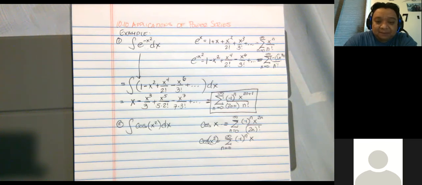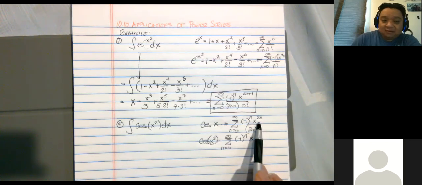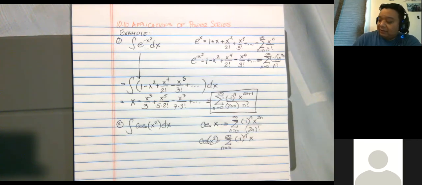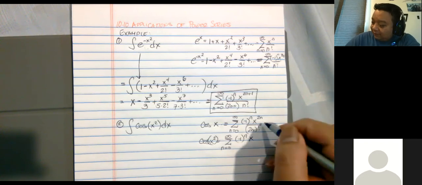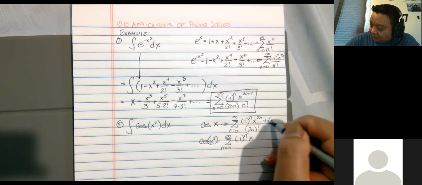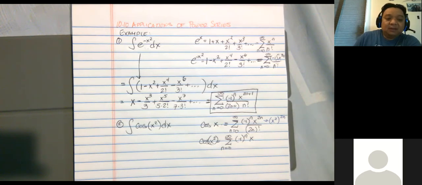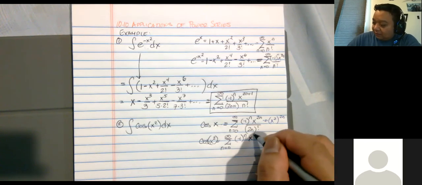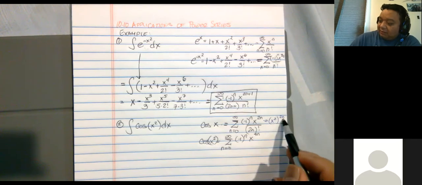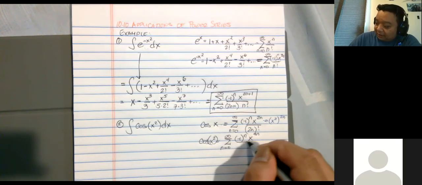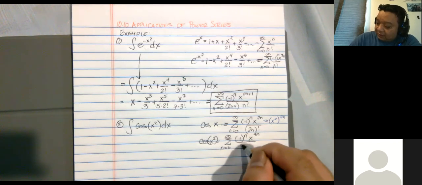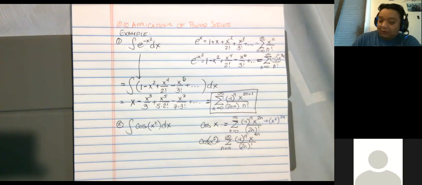Not x cubed, because there's an n. So you're replacing this with x squared. It's x to the 4n, because you end up multiplying those. So you get 4n, and the bottom stays the same, because you're just replacing the x. So it'll be 2n factorial.